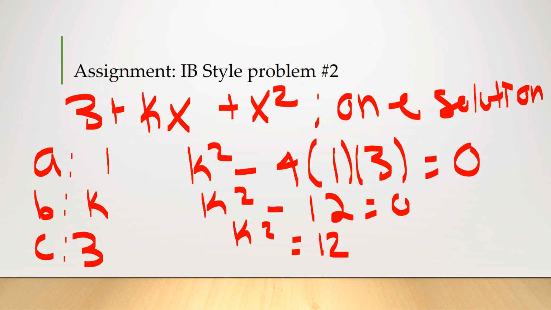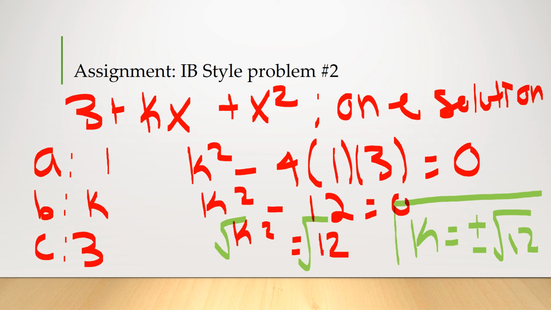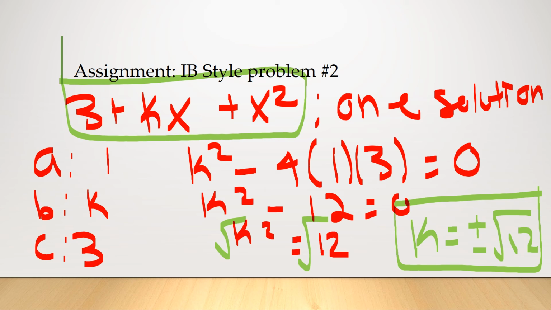And then with that, you can simply square root both sides and see that k is going to be equal to plus or minus square root of 12. So whenever k is either plus square root of 12 or negative square root of 12, it's going to give the problem 3 plus kx plus x squared 1 solution.